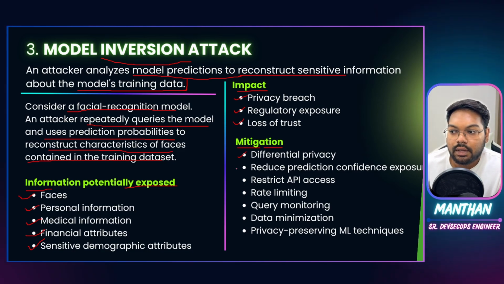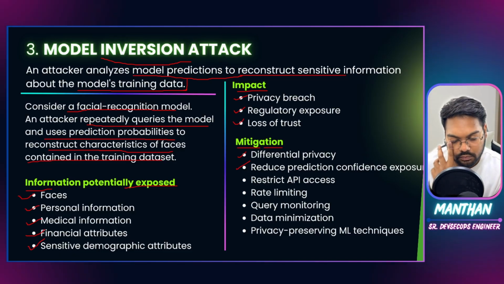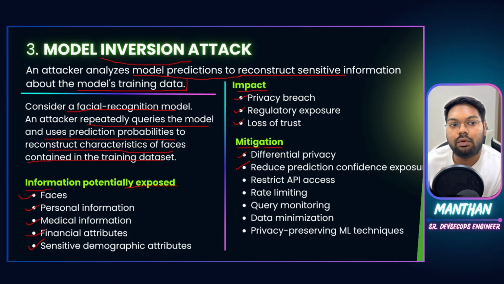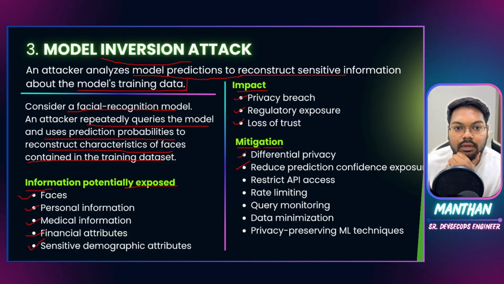So that's one thing. Then reduce prediction confidence exposure, so that if someone gets access to the prediction confidence data, they could not be 100% sure about the accuracy of the data that has been fed to it.